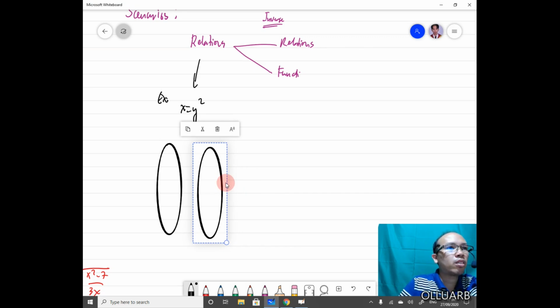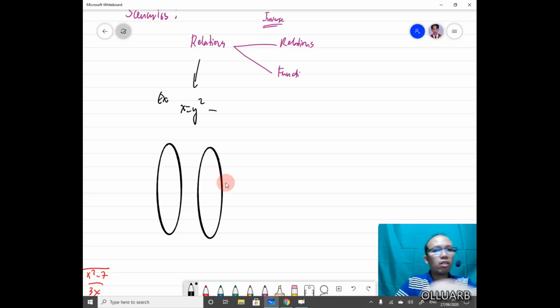What happened here is that this is our domain. Let's try another color. The domain is the set of all x from 0 to positive infinity, whereas the range based on the graph is the set of real numbers.